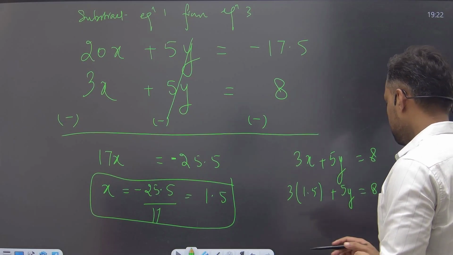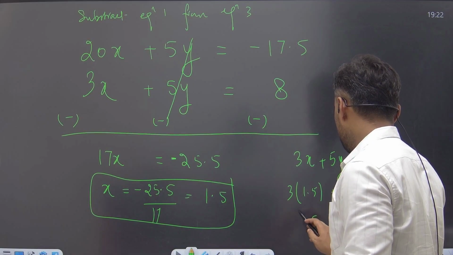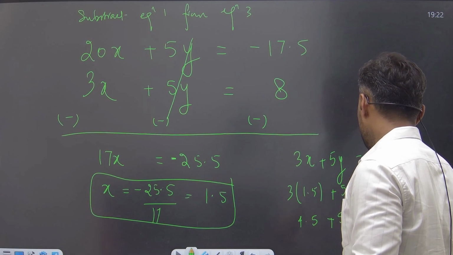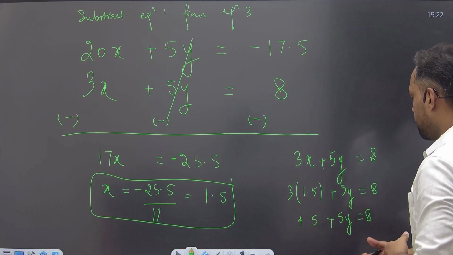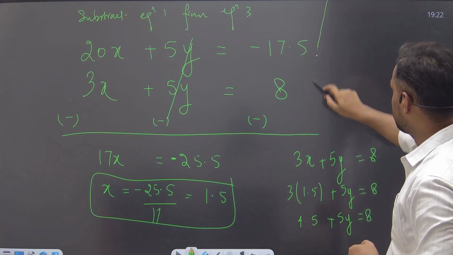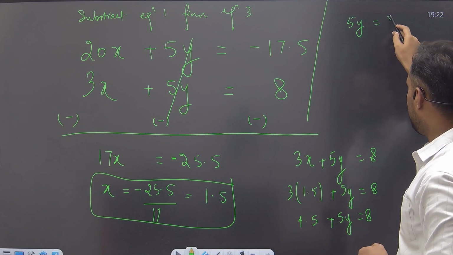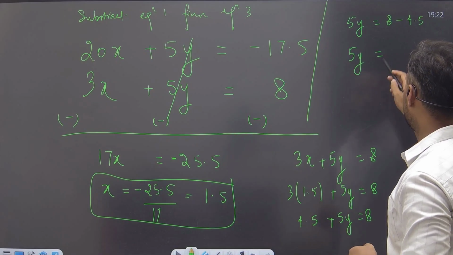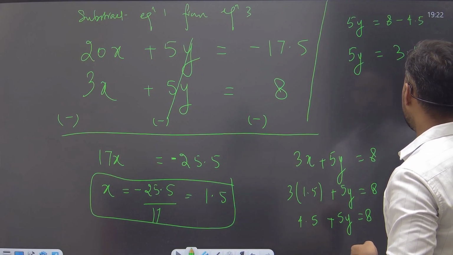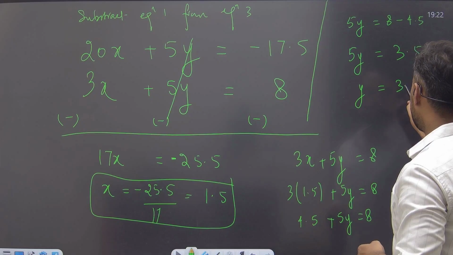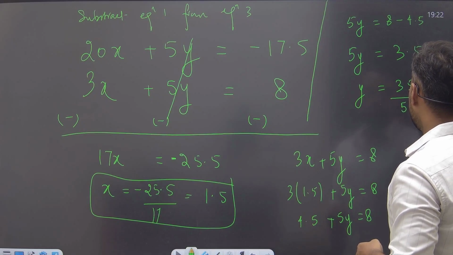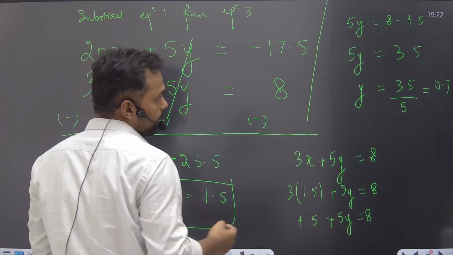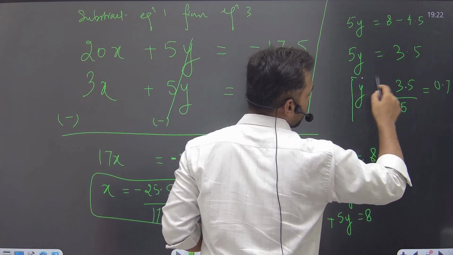Now we are transposing 4.5 to the right hand side, so we'll get 5y equals 8 minus 4.5. So 5y will be equal to 3.5. So y here you will be getting 3.5 upon 5, that will give you the value of 0.7. Okay, so this is the value of y.